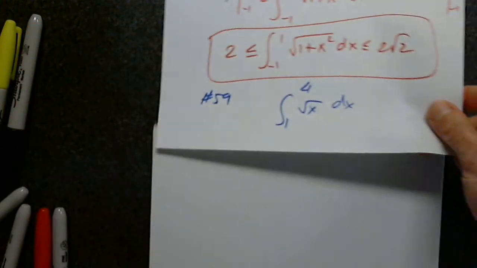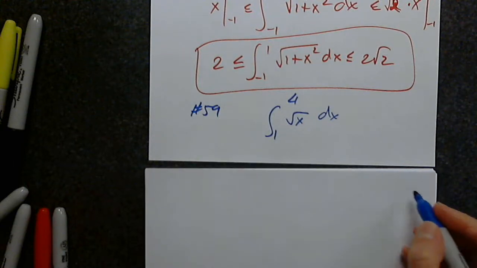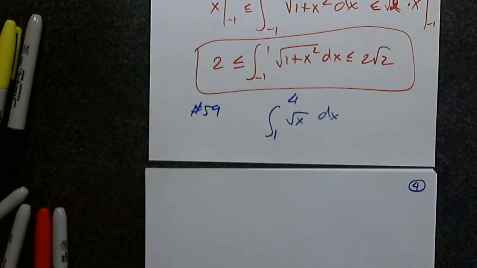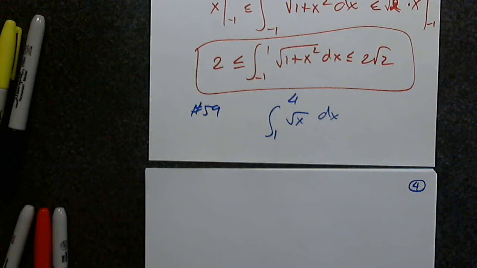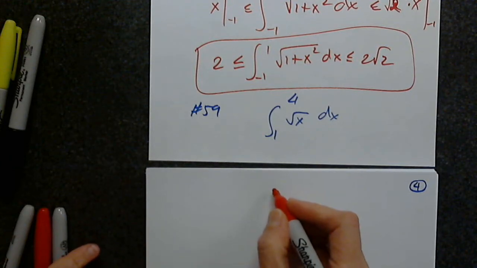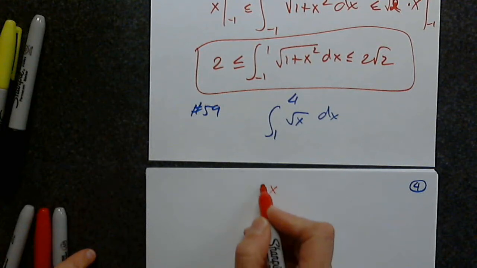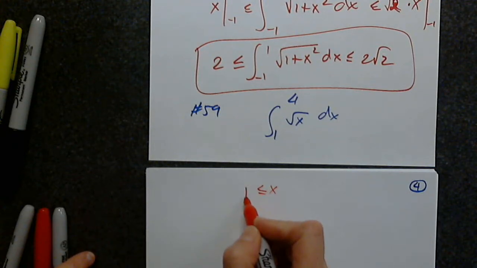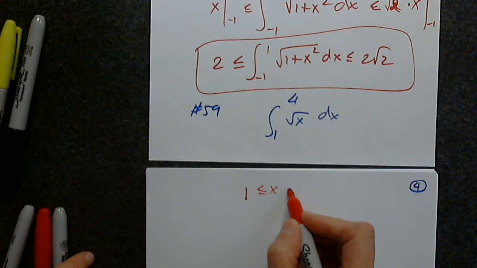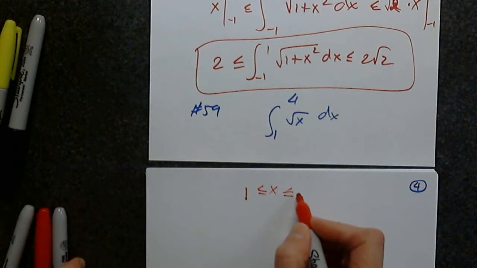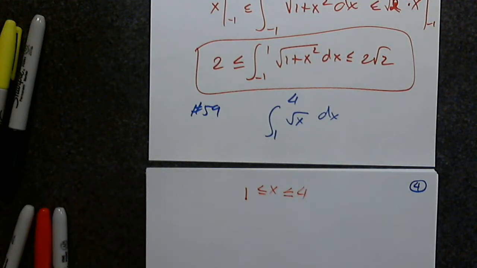So where do I start? Where's my starting point? x is greater than or equal to 1 and less than or equal to 4. That's the starting point. That's what it says.